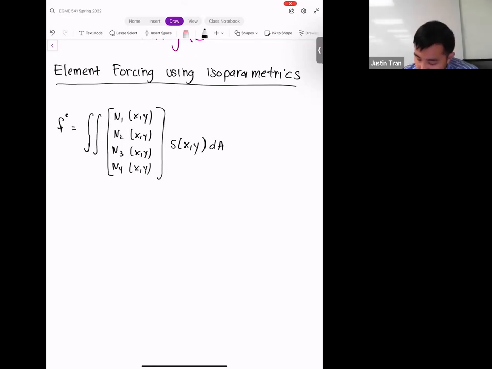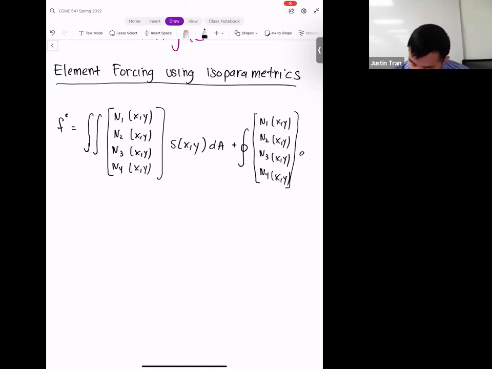And then we have the Neumann boundary condition term. The Neumann condition is going to be a line integral, so I'll denote the line integral with the single integral with the circle through it. And we have N1, N2, N3, N4, each a function of x, y, times Q bar ds.